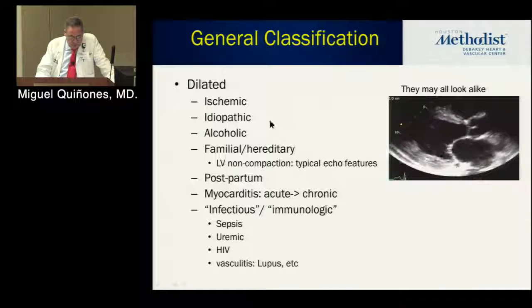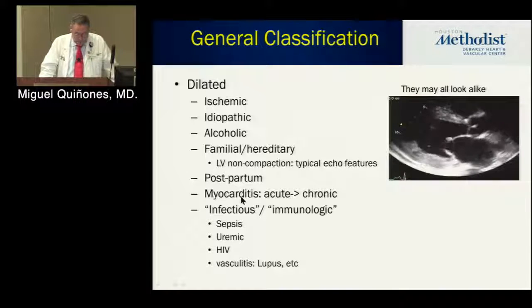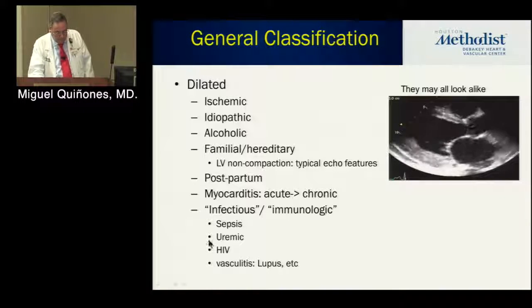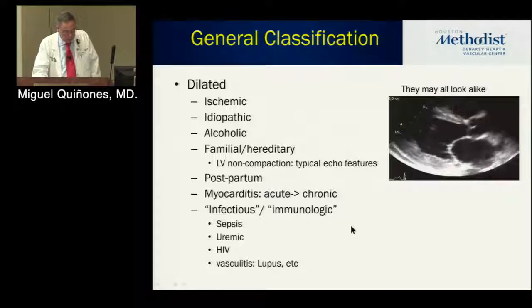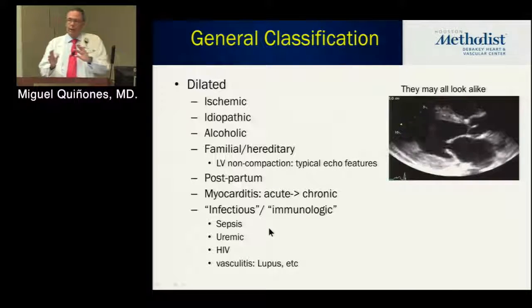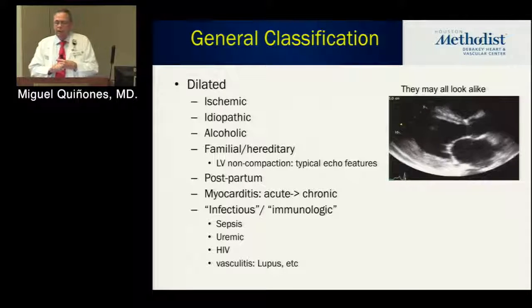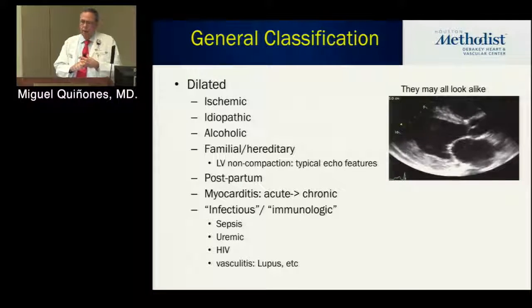And of course, you have the idiopathics, the familial, the alcoholics, postpartum, myocarditis, acute and chronic, different kinds of infectious diseases, as shown here, that can involve the heart. Acute changes in EF are frequently seen with sepsis and also renal patients in and out of dialysis.